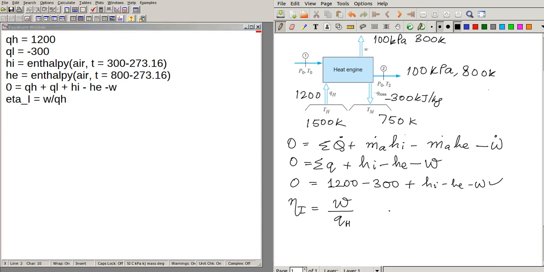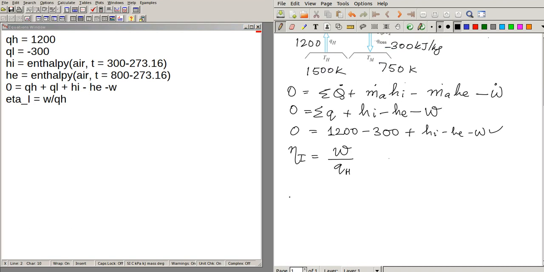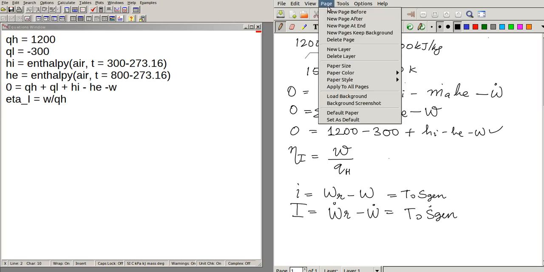We note from our studies that the irreversibility is defined as W reversible minus W, which is nothing but T0 into S_gen. On a per unit mass basis, if I write it this way, W dot reversible minus W dot is equal to T0 S dot gen. So how do we find the expression for T0 S dot gen?